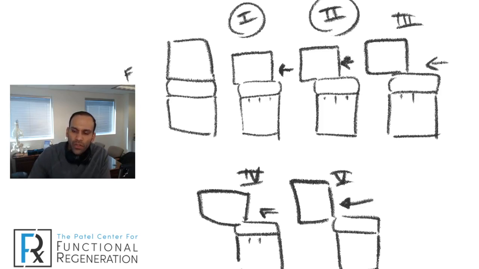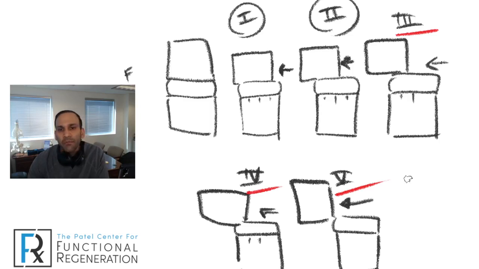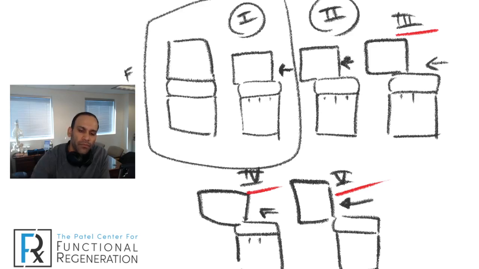So grade 3, grade 4, grade 5 absolutely requires surgery. Now, for grade 1 and grade 2, surgery may or may not be necessary. In fact, more often than not, grade 1 or grade 0, surgery can be avoided without any issues whatsoever.